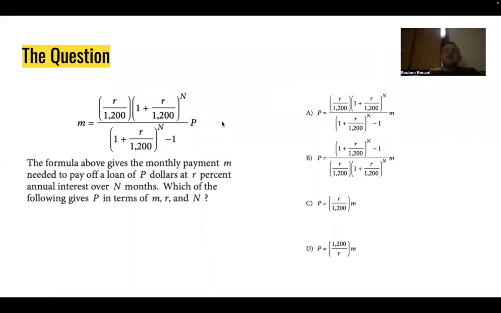So if we go back to the question and look at it again, we want to get P by itself. So that's our goal.